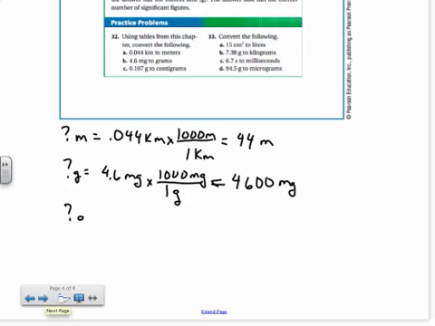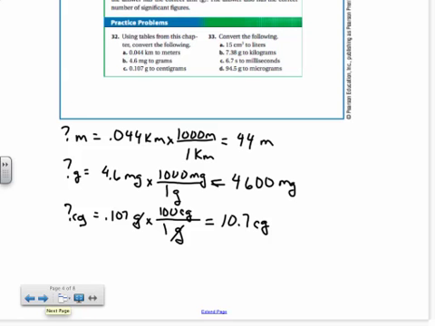How many centigrams equal to 0.107 grams? Centi means 1/100th, so if I have 1 gram, I'm going to have 100 centigrams. Cancel that. Multiply by 100, I would get 10.7 centigrams.